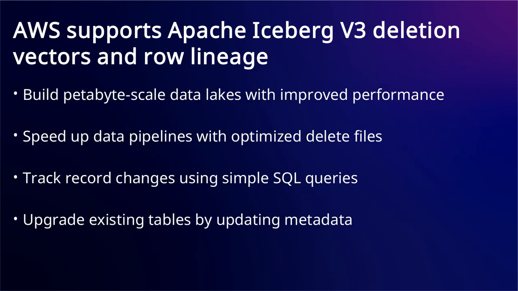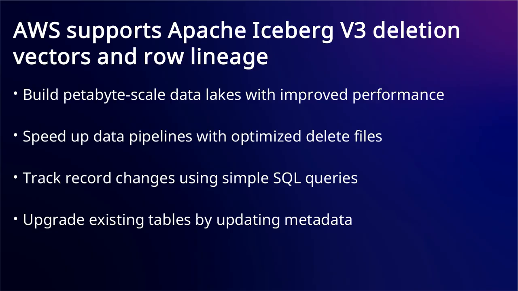Managing large-scale data lakes often involves performance challenges with data modifications and tracking changes. AWS now supports Apache Iceberg V3 deletion vectors and row lineage to address these issues. You can build petabyte-scale data lakes with improved performance for data modifications. Deletion vectors create optimized delete files to speed up data pipelines and reduce compaction costs.